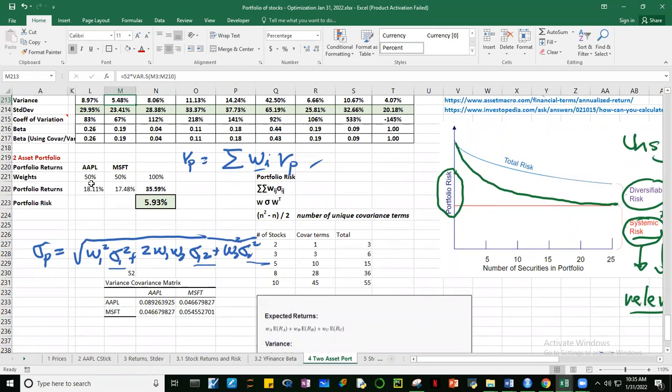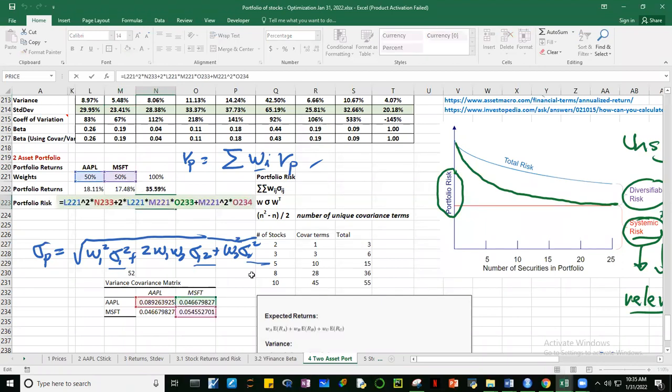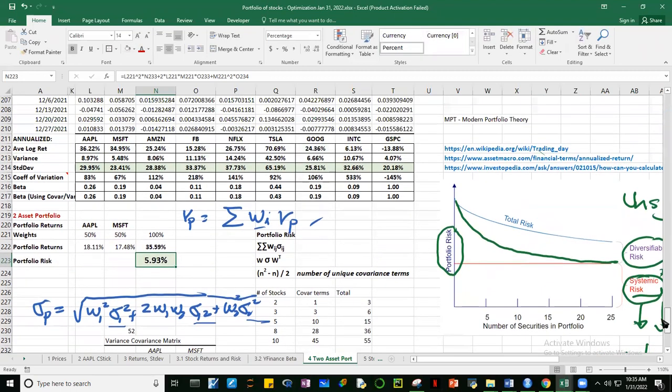So wait, 50%, 50% weight squared. Okay. So siguro, guys, sa rounding off, no? But let me check this, no?